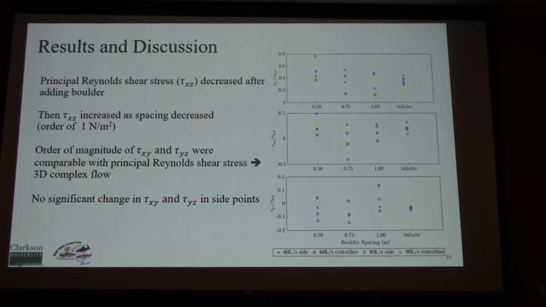But the interesting thing was that the order of magnitude of Reynolds shear stress in XY and YZ planes was in some points similar to principal Reynolds shear stress. And it shows a 3D complex flow between boulders. At side points, we didn't see a significant change in XY and YZ Reynolds shear stress.